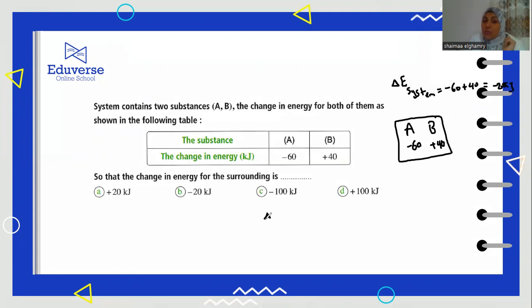We have the rule which says that the change in energy of the system equals negative the change in energy of the surroundings.